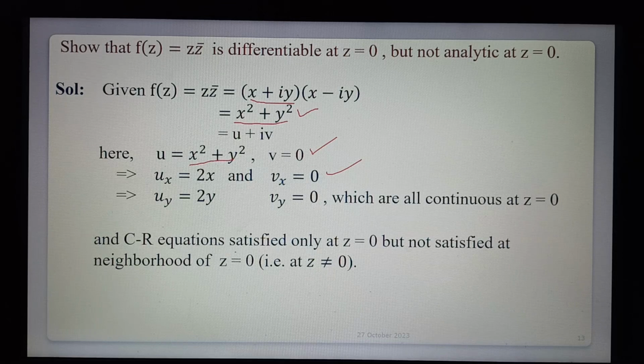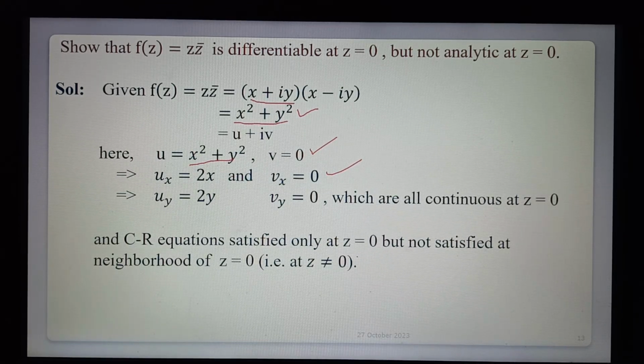And CR equation satisfies only at z is equal 0, only at a single point z is equal 0 the CR equation satisfies, and this is differentiable only at z is equal 0. ఆ పాయింట్ వద్దనే సిఆర్ ఈక్వేషన్ సాటిస్ఫై అవుతున్నాయి కదా.